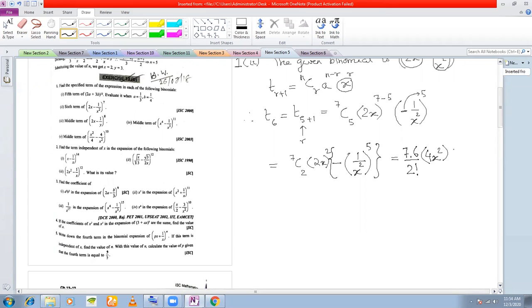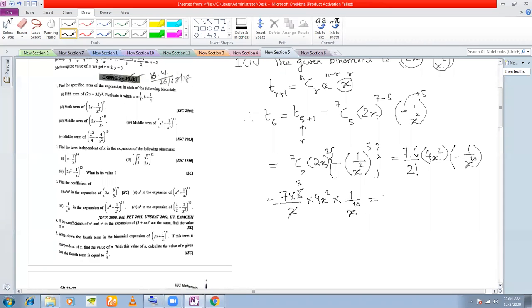And 1 by x square to the power of 5 is minus 1 by x to the power of 10. So this becomes 7 into 6 by 2 into 4x square. A minus sign is there, so we take a minus sign here. So we get into 1 by x to the power of 10.